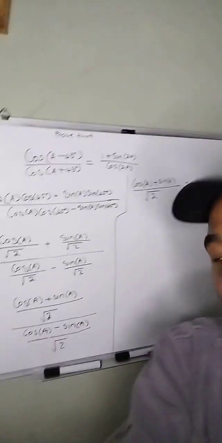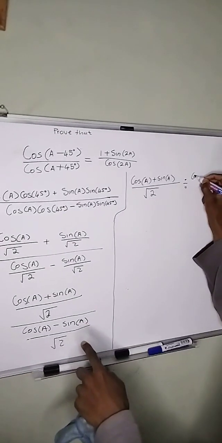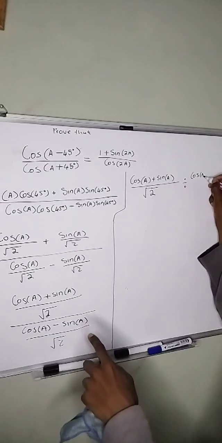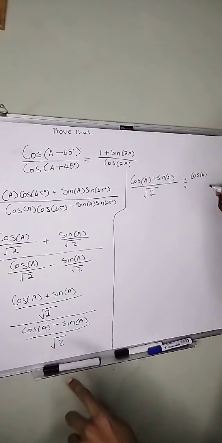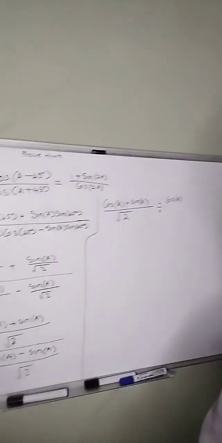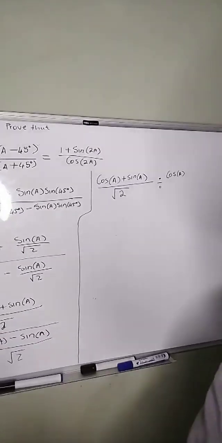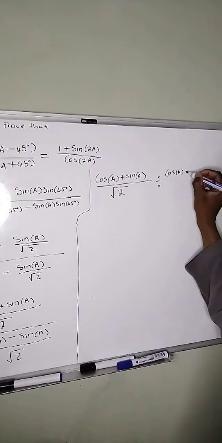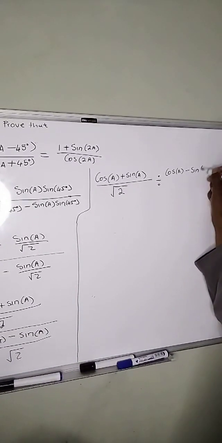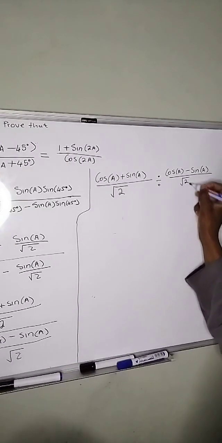So this divided by cos A, right? Okay, let me twist this. Let me bring this forward. Yes, cos A minus sine A divided by root 2, right?